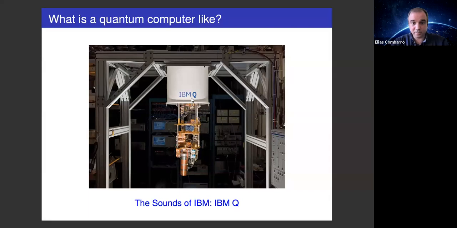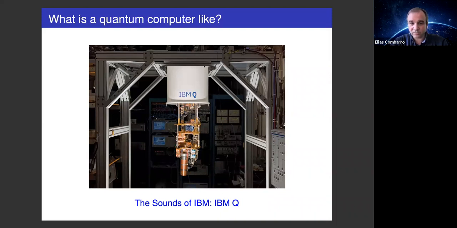The computers used by IBM and other companies like Google are very interesting. They look like this strange device that we can see here, where most of the cables and the devices that you see are not really the qubits or the quantum processor in itself. For this technology to work, we need to keep the temperature of the chip close to absolute zero.